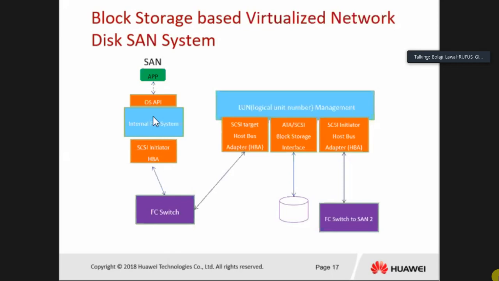So the internal file system generates a SCSI initiator command, which is being encapsulated then forwarded to HBA, that's your host bus adapter, as a capsule encapsulation. So then as data packet and encapsulation, then fiber channel switch picks it up, then pushes it to your storage controller, which is your initiator in unit logical unit number.